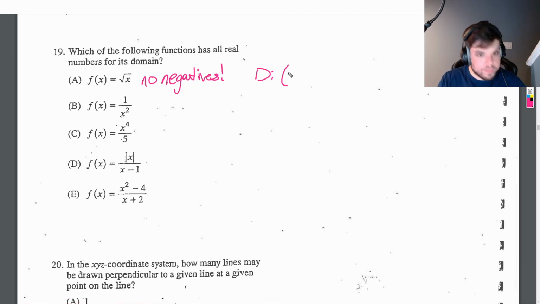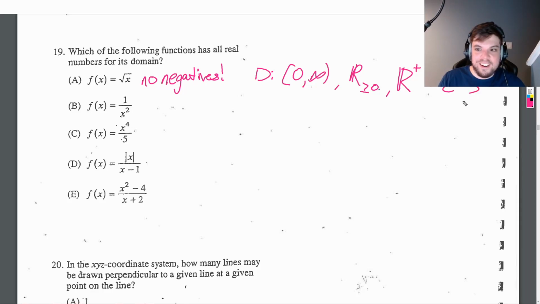We can say 0 to infinity. We can say all real numbers greater than or equal to 0. I've seen it as R plus together with the element 0. There's a whole bunch of different ways that we can write this, but the bottom line is the domain is not all real numbers. If you don't understand all that math craziness, it's just 0 to infinity. And that means that it's not all real numbers, so A is not the right answer.